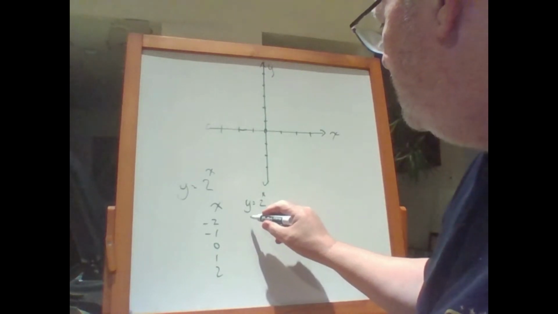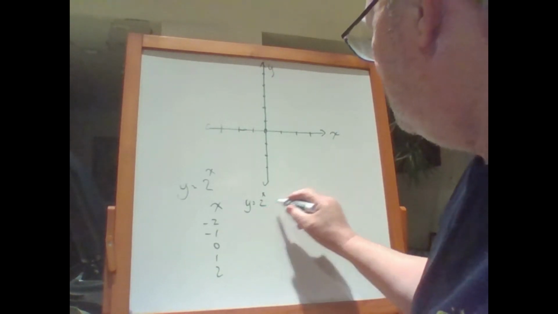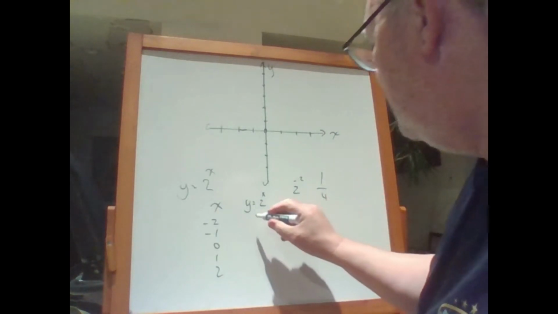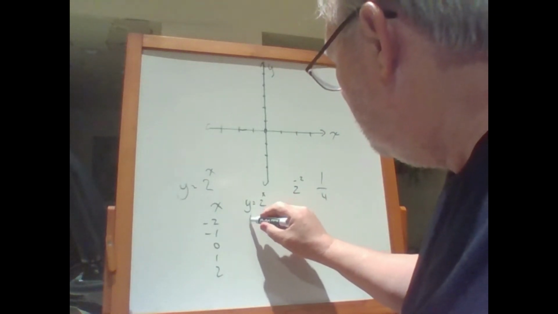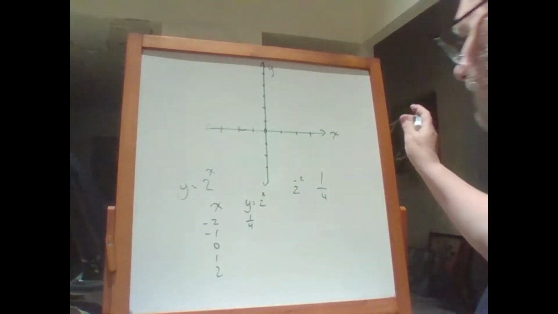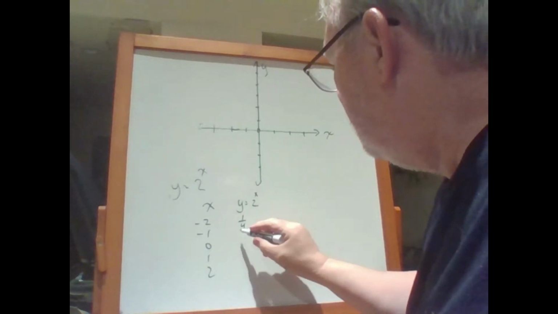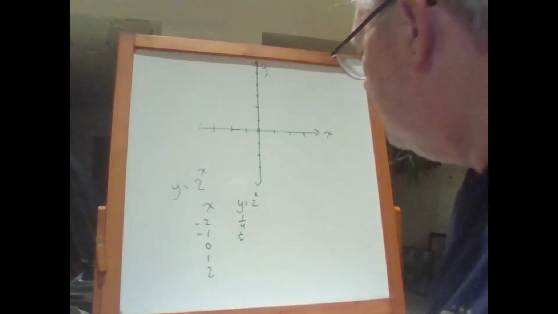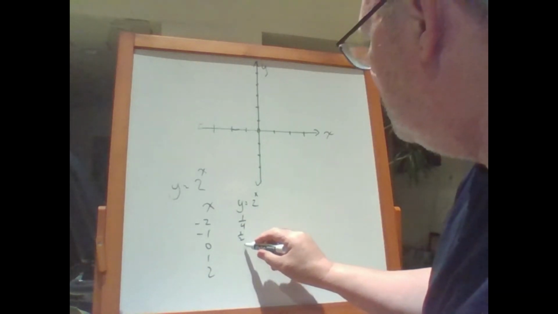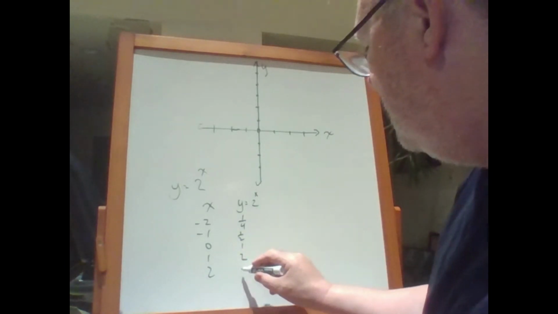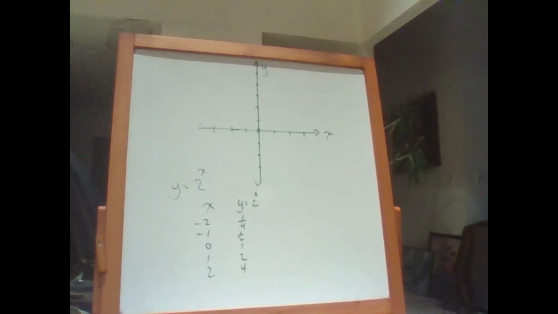So y is 2 to the negative 2, that's 1 over 4, so that's 1/4. This one's 1/2, and this is 1, this is 2, and this is 4.